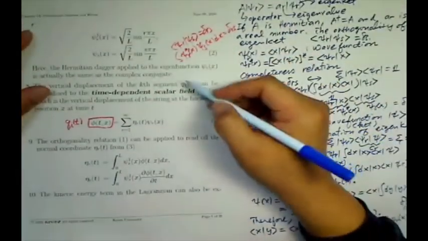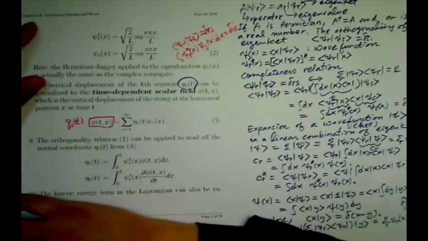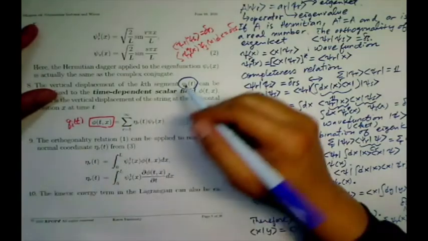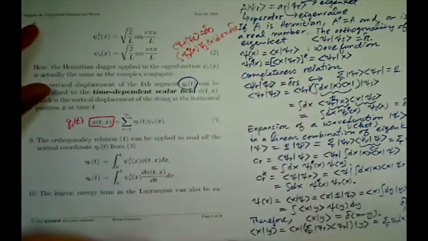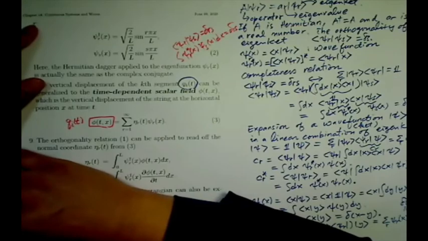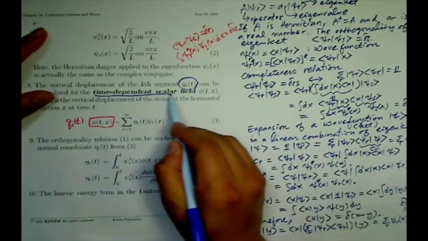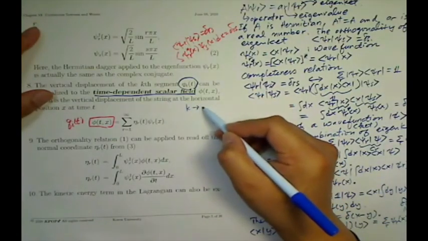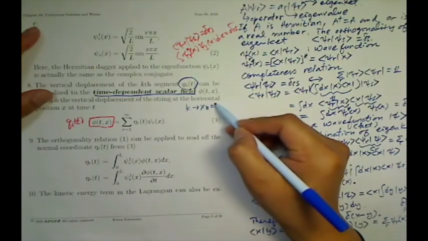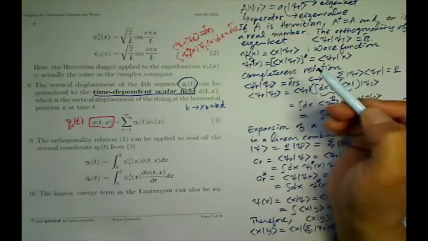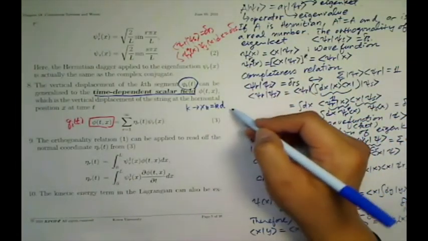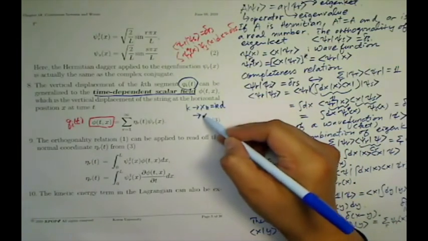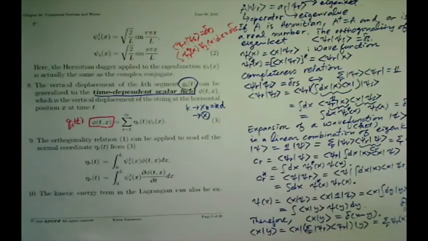We now extend this coordinate of the kth bead, with its time-dependent displacement, and we introduce a time-dependent scalar field, replacing this k. With k, we introduce x of k, that is k times the spacing, and as d goes to 0 and n goes to infinity, this x_k becomes the continuous variable x.